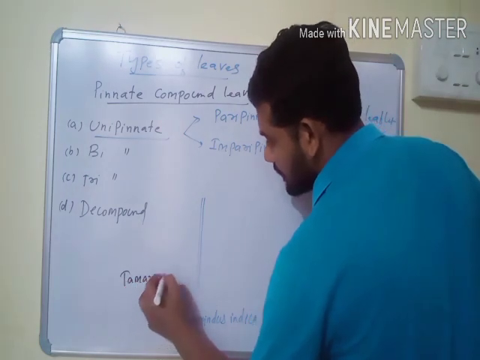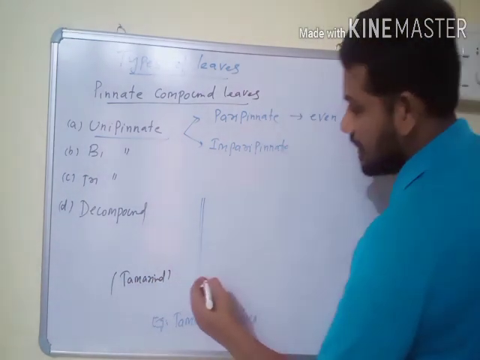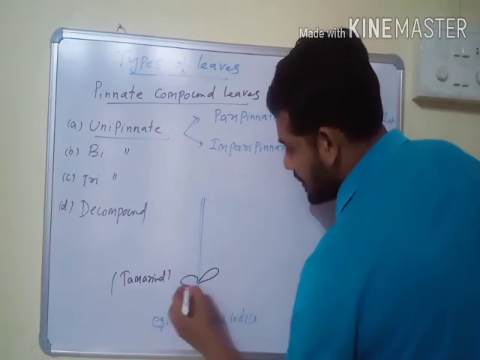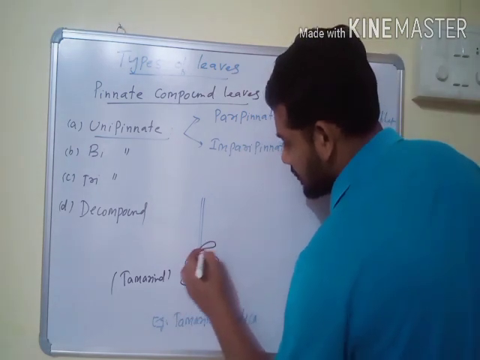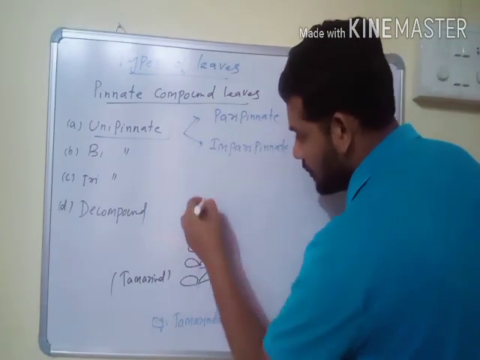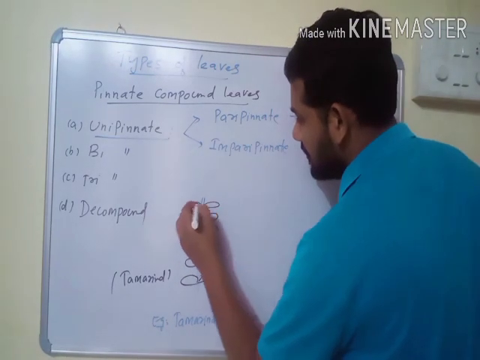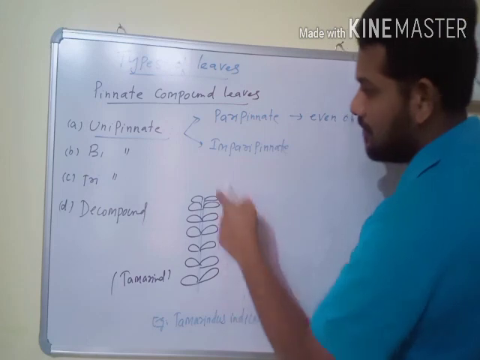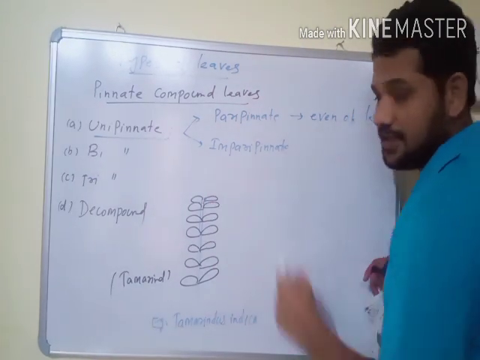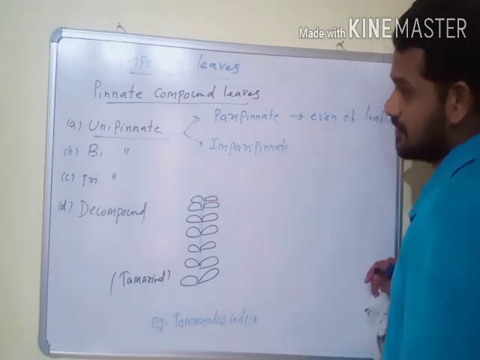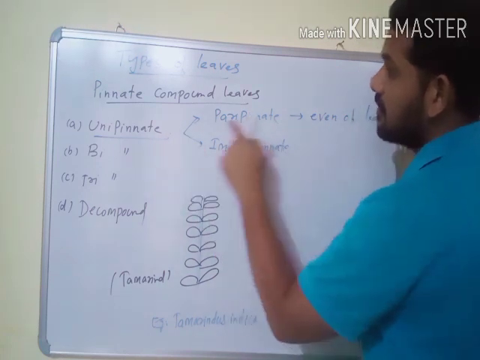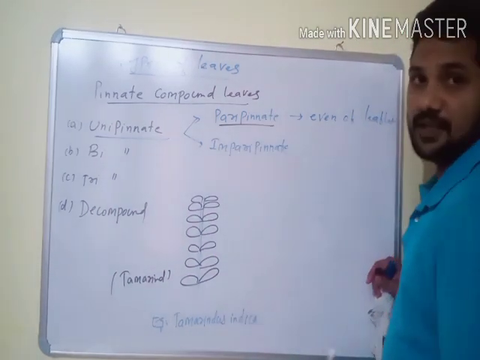It has an even number of leaflets. Only one rachis is present, only one pinna is present, and this rachis has an even number of leaflets, and the apex of the pinna also terminates with a pair of leaflets. This type of unipinnate compound leaf is called paripinnate compound leaf.